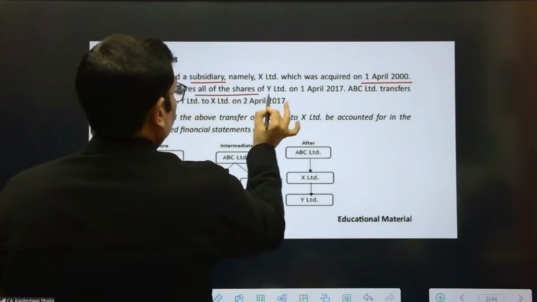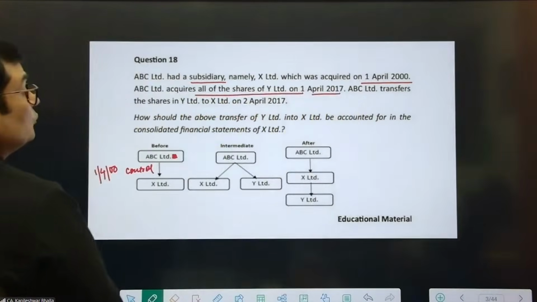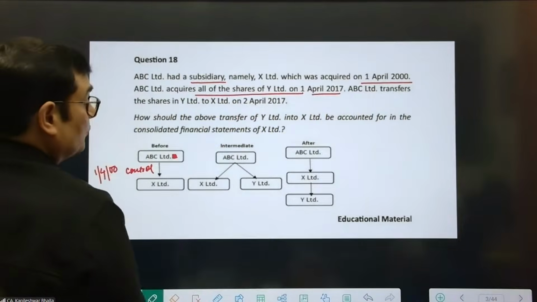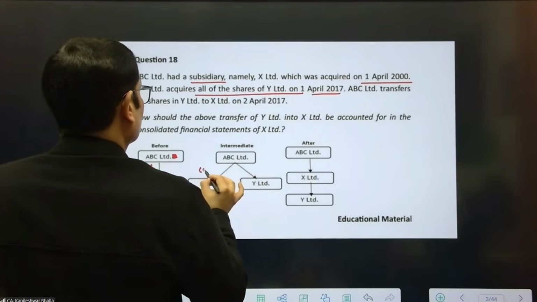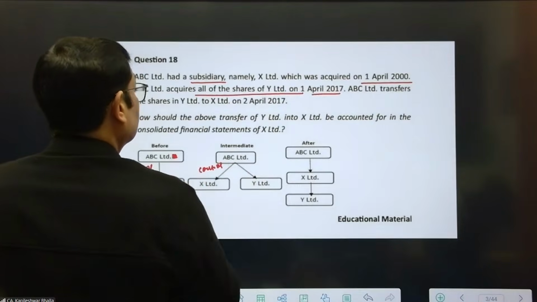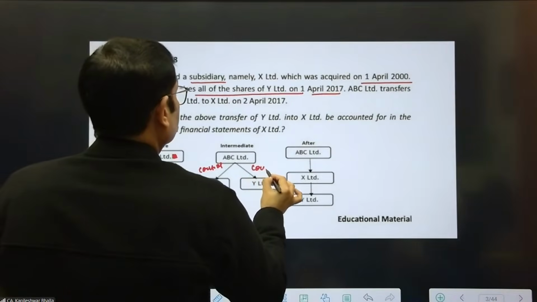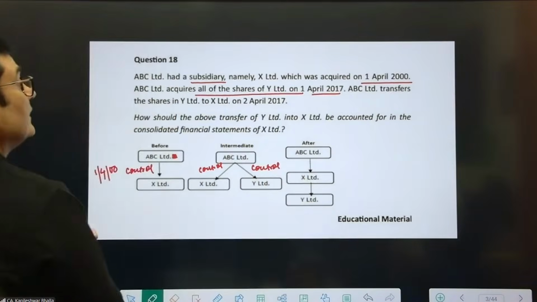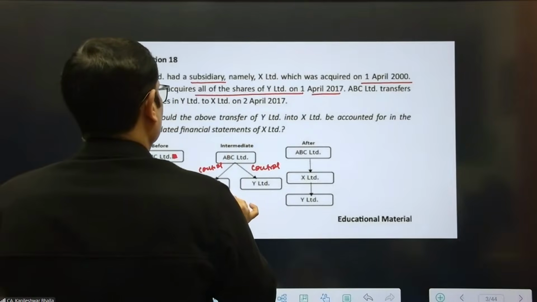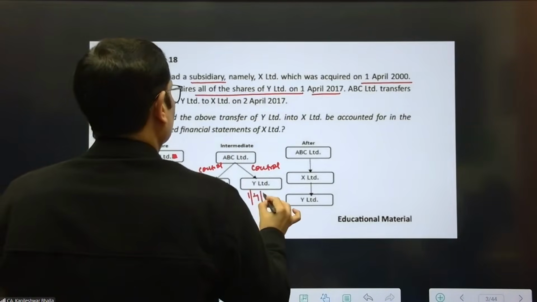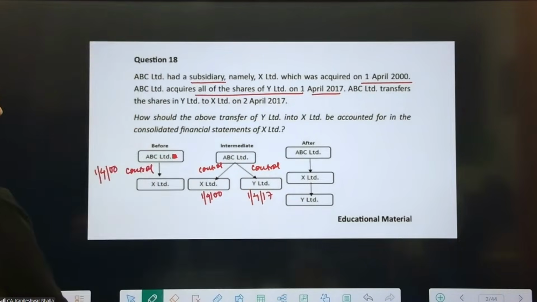ABC acquires all the shares of Y on 1st April 2017. So in this particular case, ABC has got control over X and ABC also gets control over Y. These were acquired on 1st April 2000, and this was acquired on 1st April 2017.